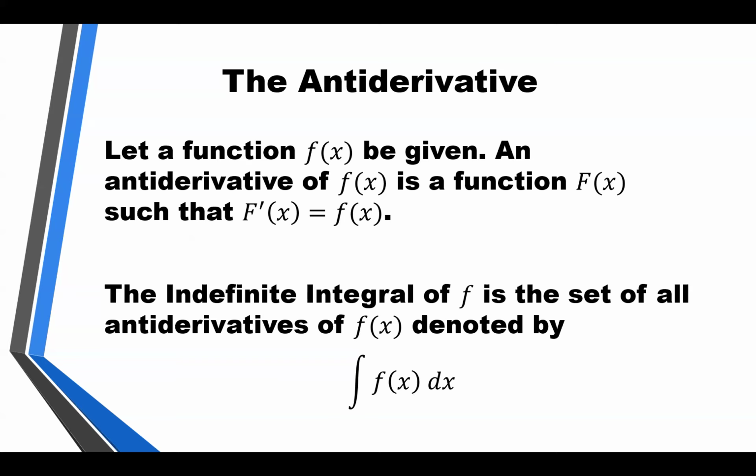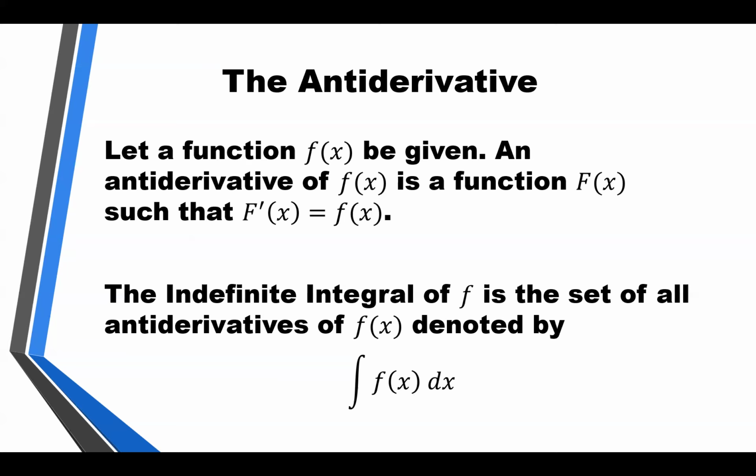So one way to categorize all of the antiderivatives, or one way to find all of the antiderivatives, is to do what we call an indefinite integral. The indefinite integral of lowercase f is the set of all antiderivatives of lowercase f.